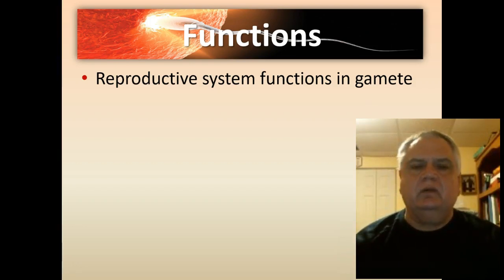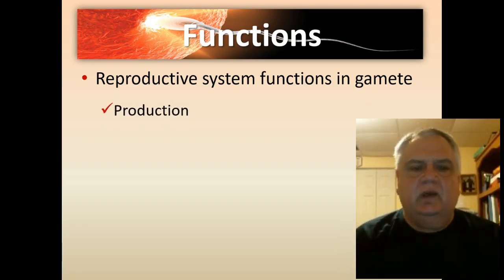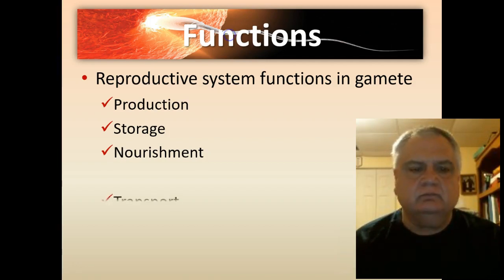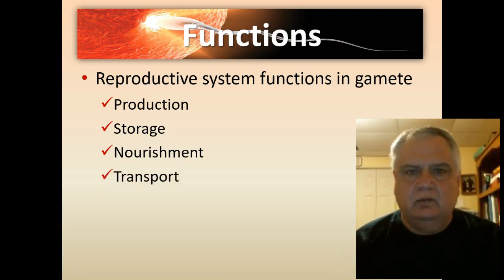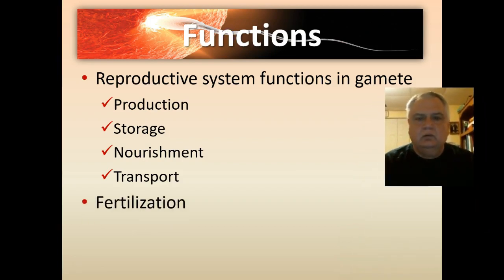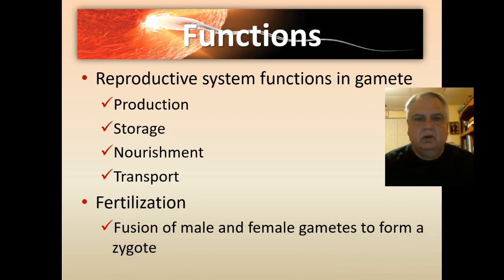Well, first, the reproductive system functions in gamete production, gamete storage, gamete nourishment, and gamete transport. In addition to functioning in these components of gametes, production, storage, nourishment, and transport, the reproductive system is also involved in fertilization.